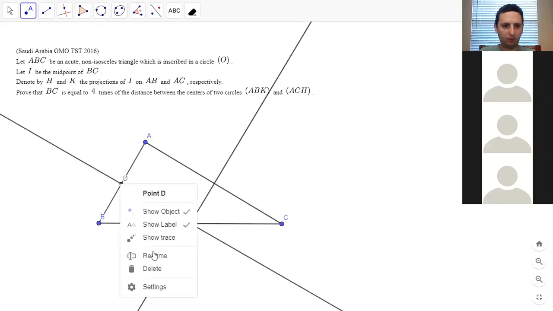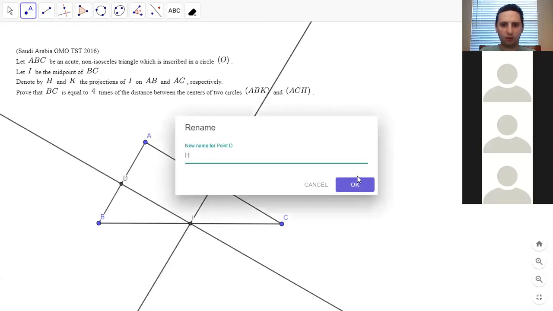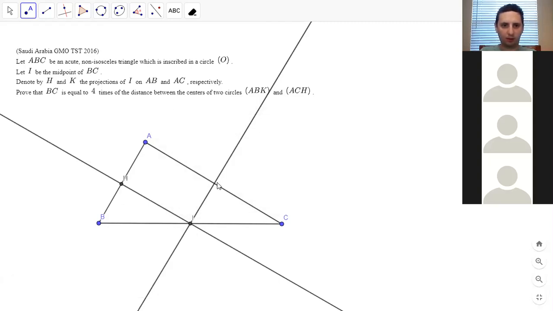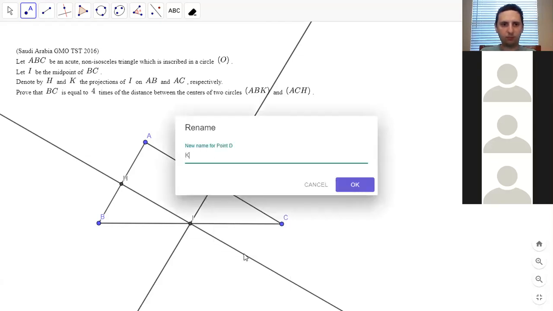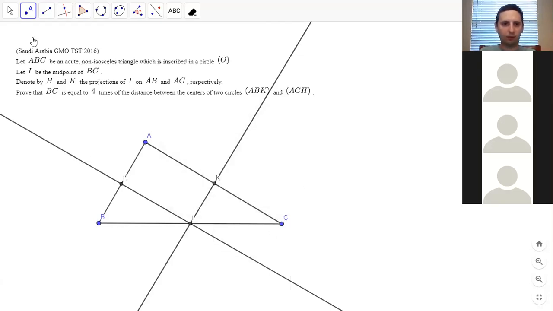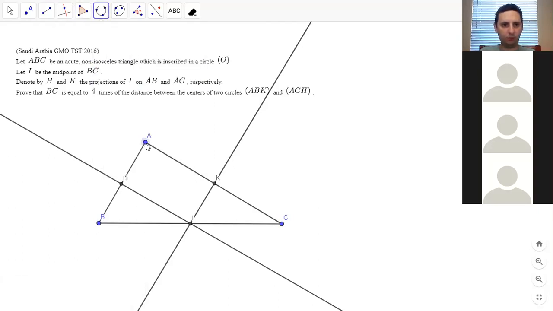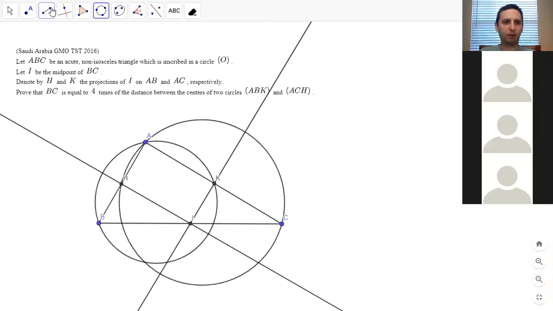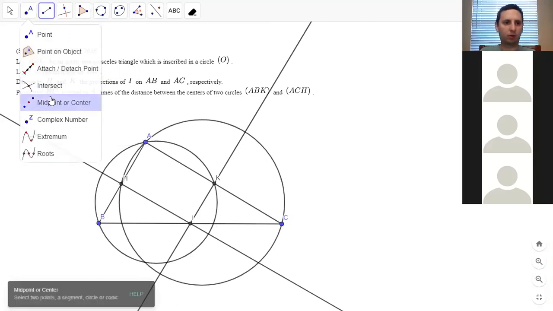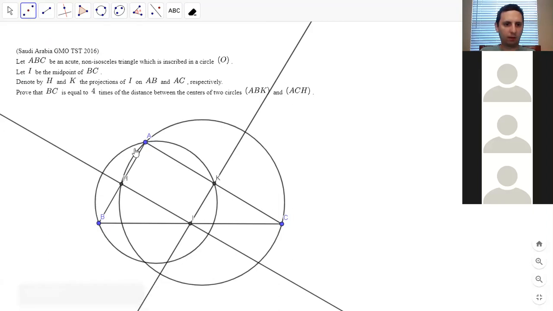And then we draw the circumcircles of ABH, ABK, and ACH. And we want to show that BC is 4 times the distance between the centers of these circles. So that's one center, that's the other center.